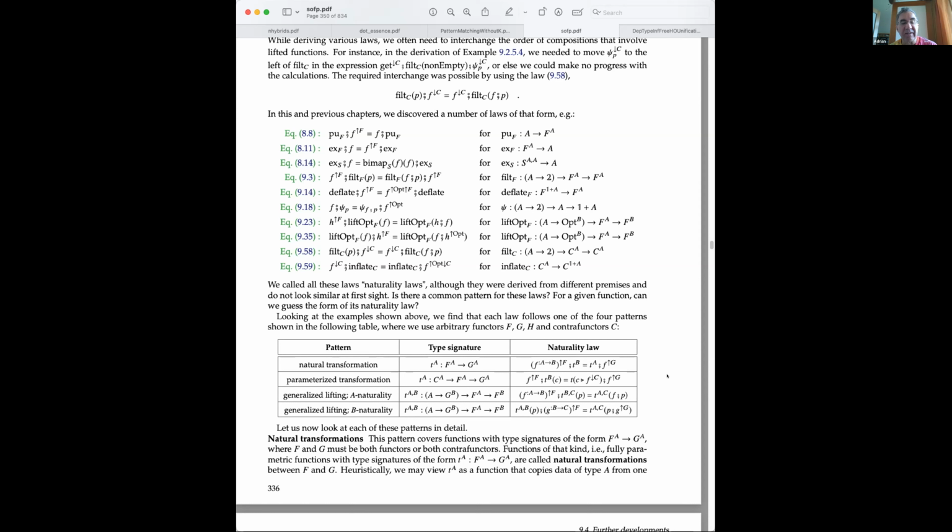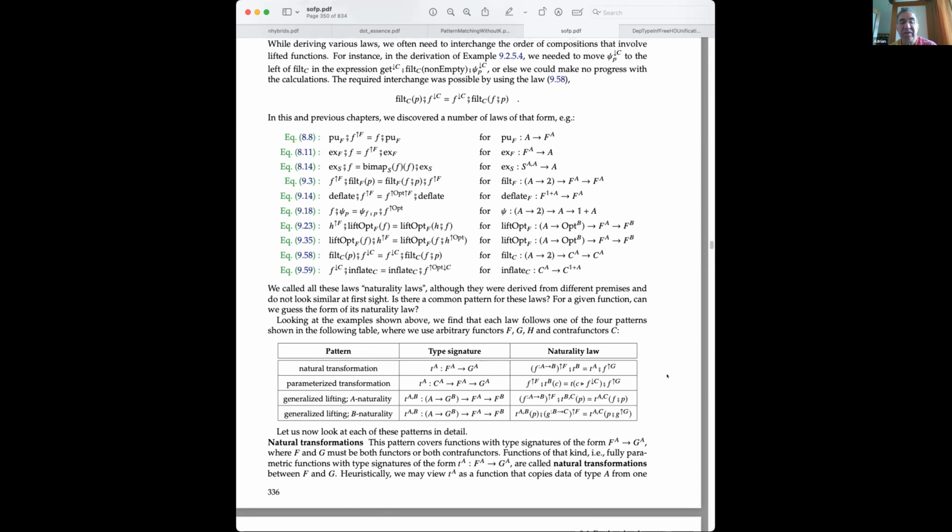So a question I have is, will we find different type signatures in future chapters for which we will have different naturality laws? Or, as Pete says, a generalized proof technique that covers all laws with a particular type signature, will that just carry us forward through the rest of the book?